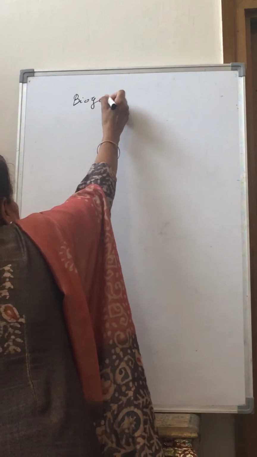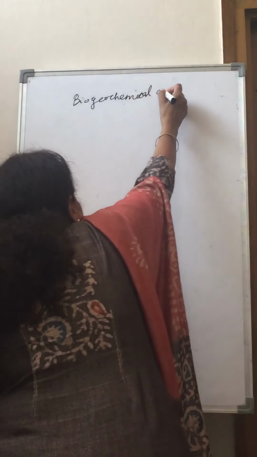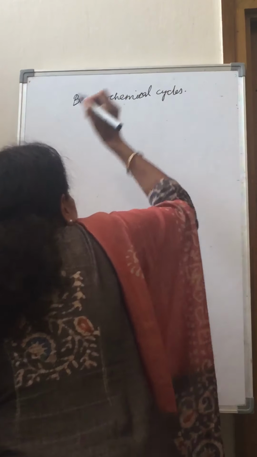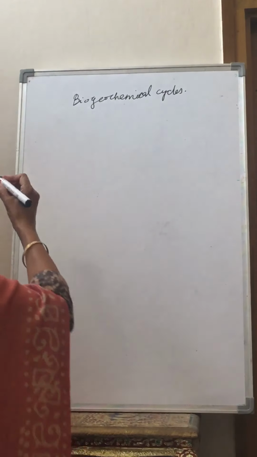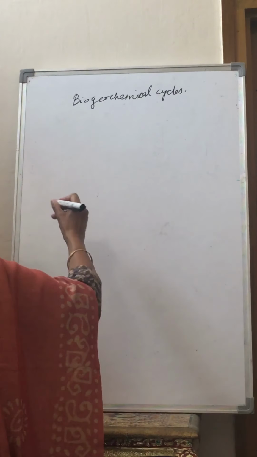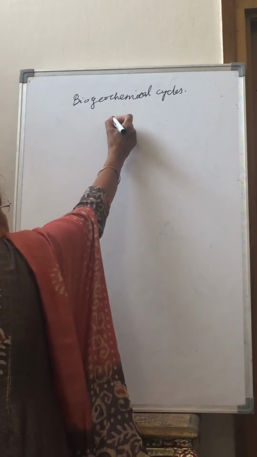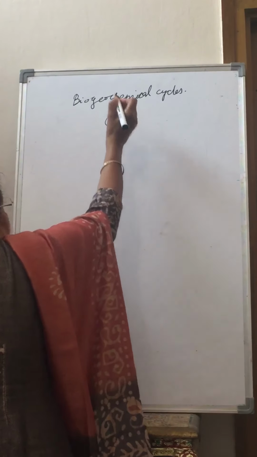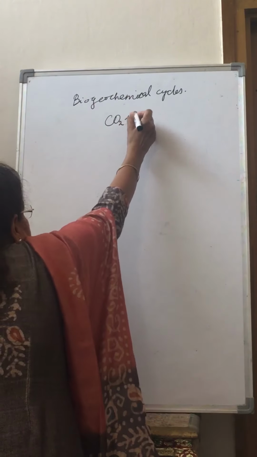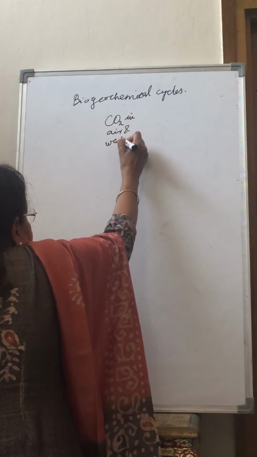So in the carbon cycle, carbon dioxide is present in air and water.